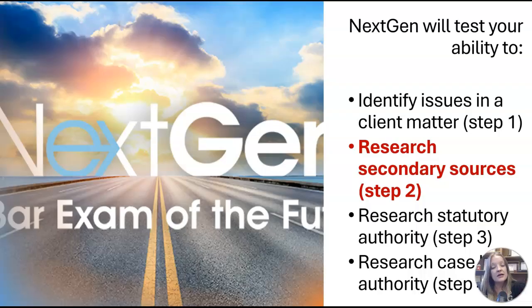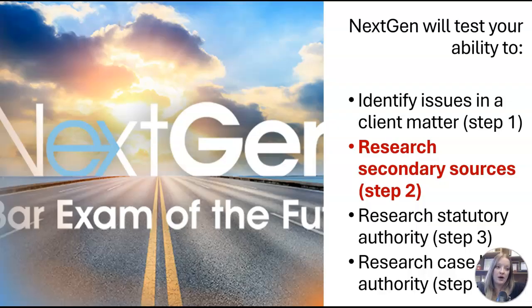So the good news is that the 4-step process that we're going to look at throughout the fall semester and build on in the spring semester lines up. It really mirrors what NextGen has used in their own documentation with respect to the areas that they want to test with respect to legal research.